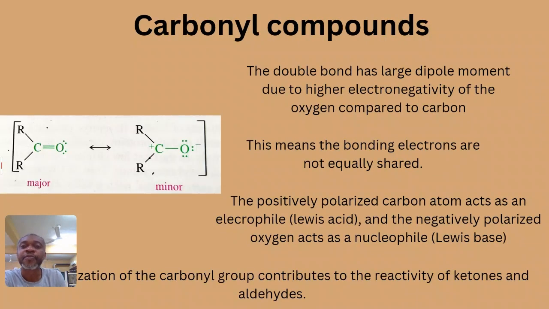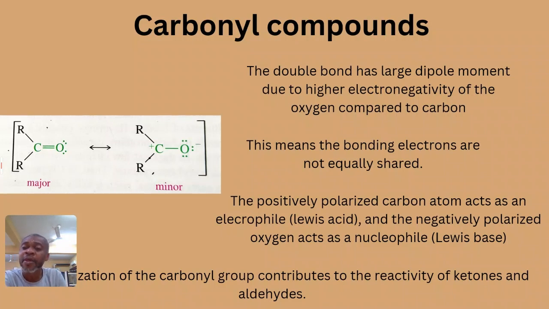Okay, now the double bond has a large dipole moment due to the higher electronegativity of the oxygen compared to carbon. What does that mean? It means that the bonding electrons are not equally shared between carbon and oxygen.